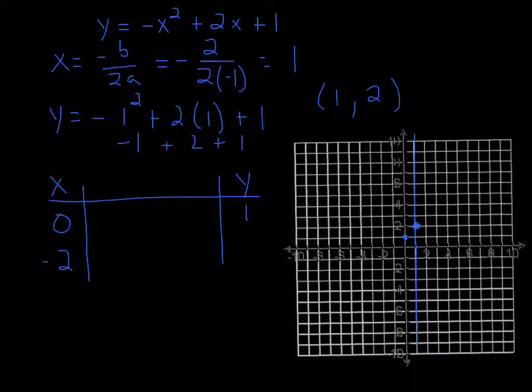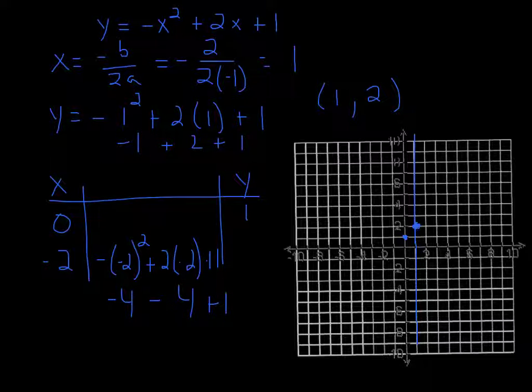So on this one we have negative 2 squared plus 2 times negative 2 plus 1. Okay, so negative 2 squared is 4, and then you make it negative, so that's negative 4. And 2 times negative 2 is also negative 4, and plus 1. So negative 4 and negative 4 is negative 8, plus 1 is negative 7. So at negative 2, we go down to negative 7, which is right there.